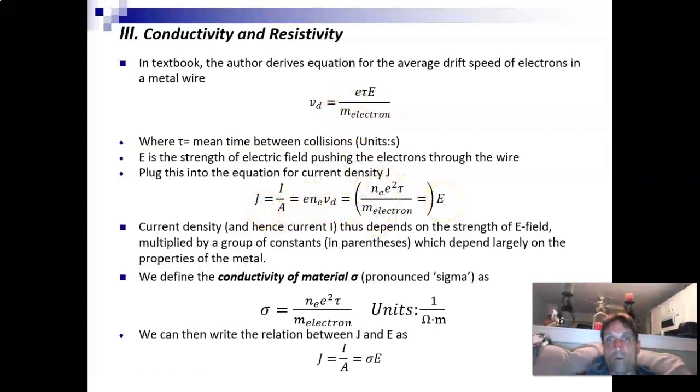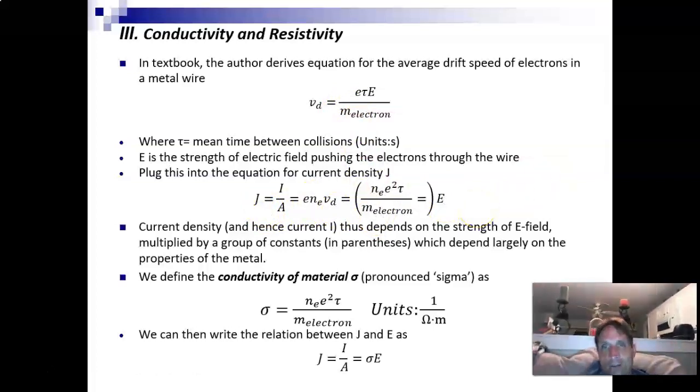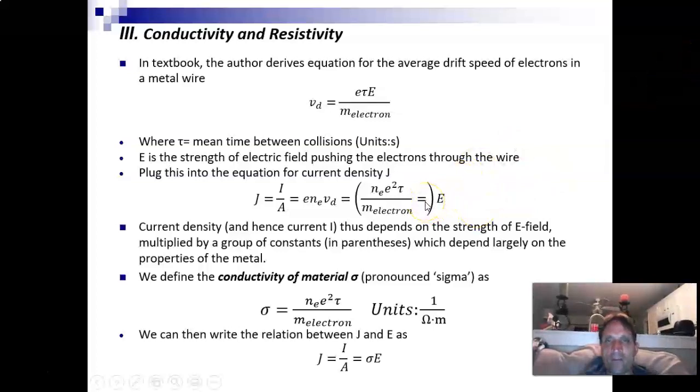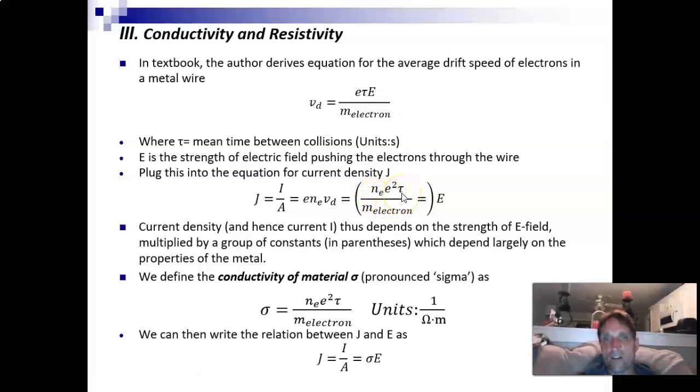In other words, if you think of it in terms of pressure, pushing the electrons along the wire. And then it depends on a bunch of other stuff. I have to get rid of the equal sign, that's a typo here. A bunch of other stuff in this parenthesis, and these are just a bunch of constants which depend on the metal: the mean free time between collisions, the mass of the electron, the number of electrons per volume.